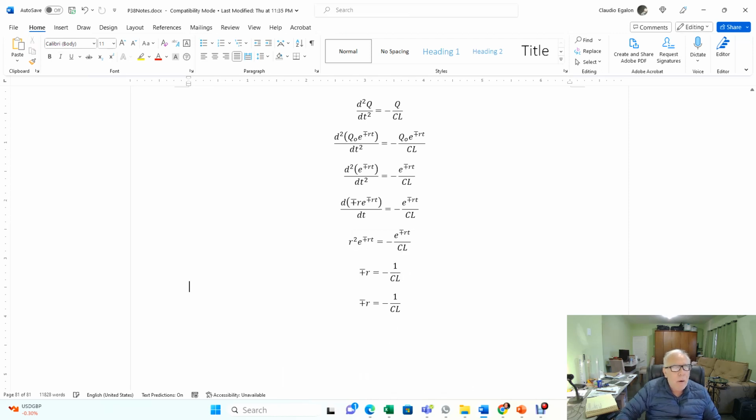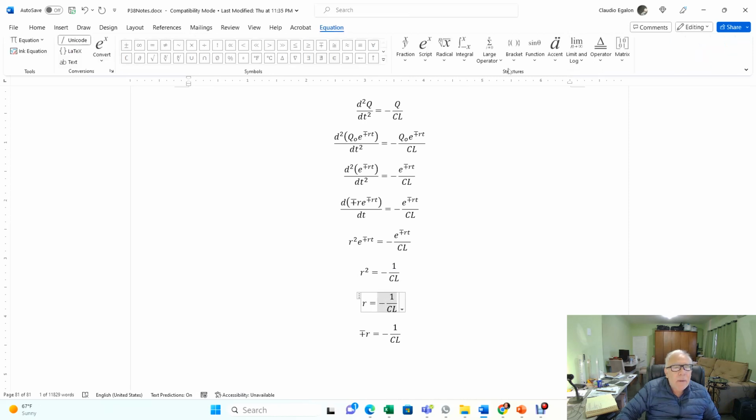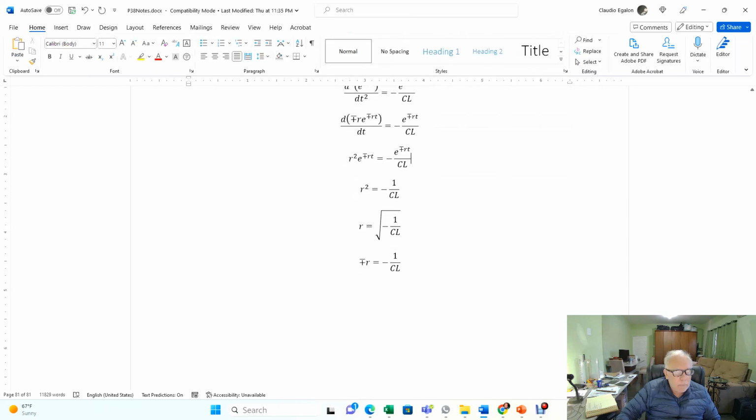So now we cancel the exponentials here, and look at what we end up getting: a square root of a negative number.